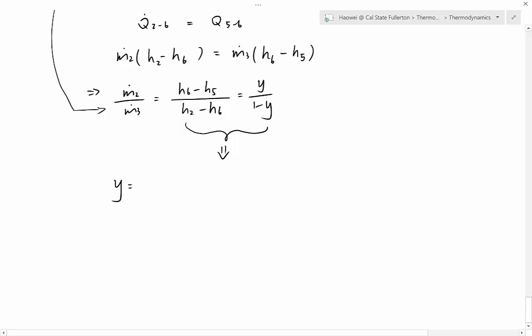The solution for y is h6 minus h5 divided by h2 minus h5. So what do you notice? Even if y is a new parameter that we just introduced in this example, it is still a function of the enthalpies. So still, if you solve a question for regeneration cycle, the key is still to look for the enthalpy of every single point. Even y can be found from all the enthalpies.